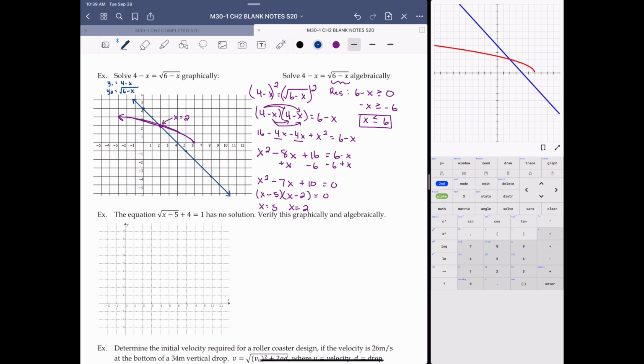Next step is to check each of our solutions. We already saw from the graph that our only solution is x equals 2, so we should expect that x equals 5 is an extraneous root. Let's check it algebraically. We are subbing in the values. I'll start with x equals 2.